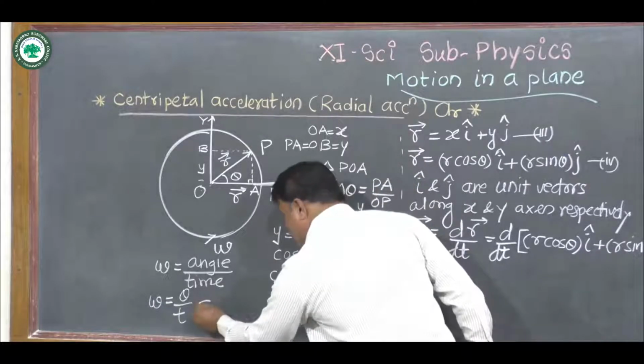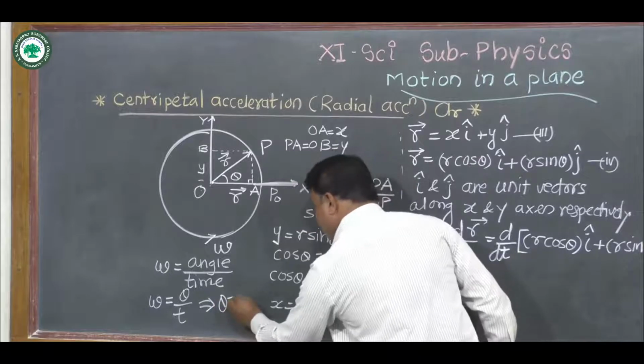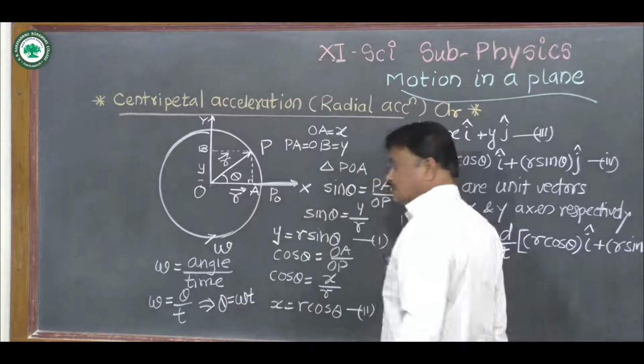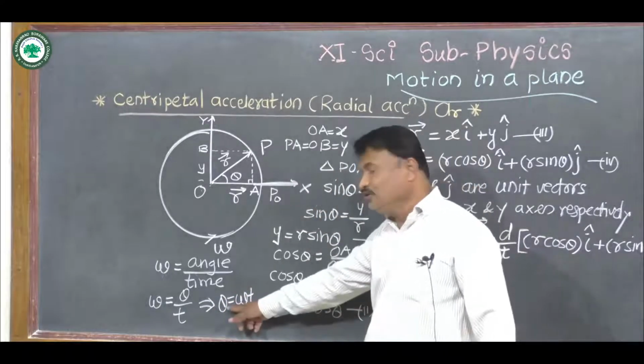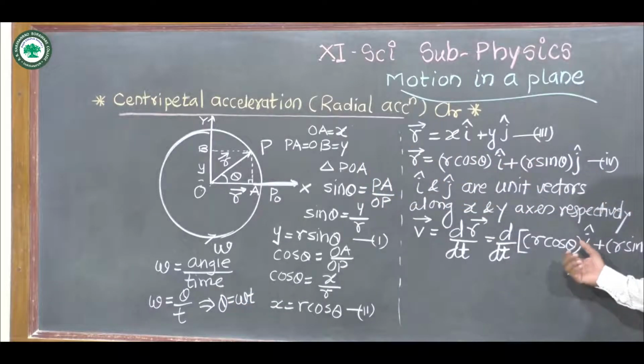By rearranging this, we get theta is equal to omega t. Now we have to substitute theta is equal to omega t.